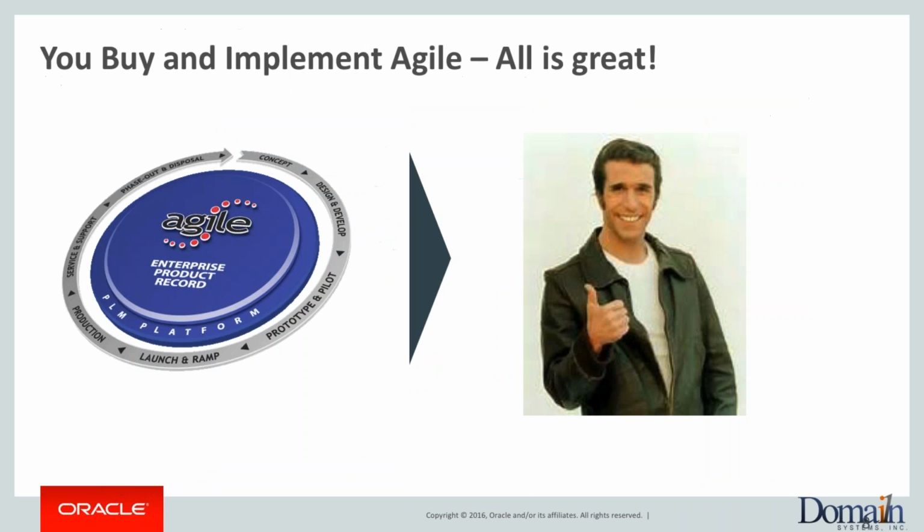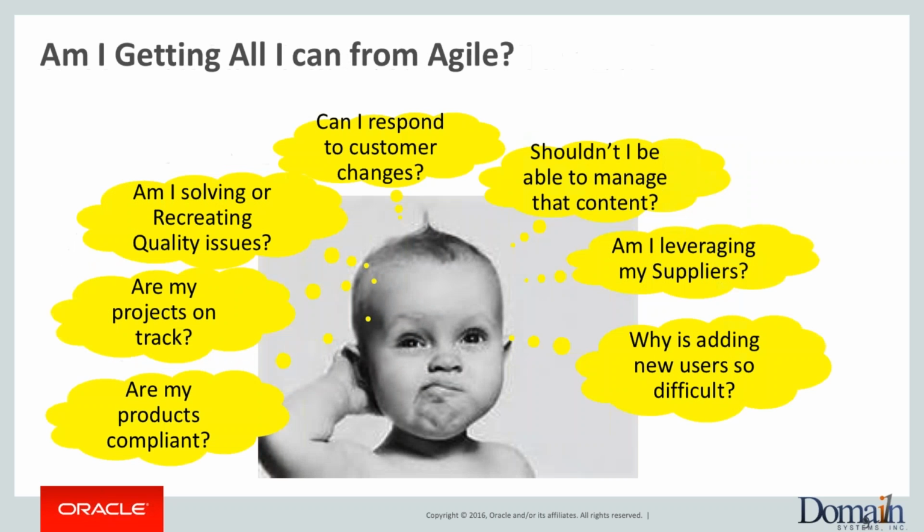So you buy into the vision, you buy Agile and implement it, and all is great, right? Thumbs up on everything. What you've deployed is wonderful, but after a few years you start to wonder whether you're getting the value. I'm not sure I'm getting all I can from Agile.